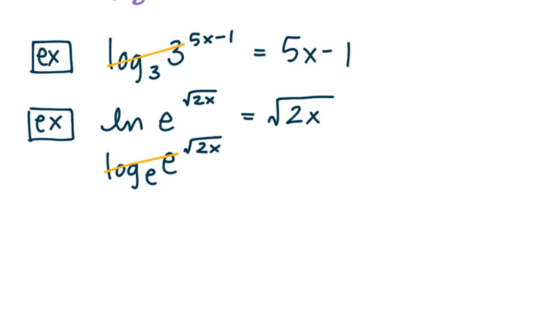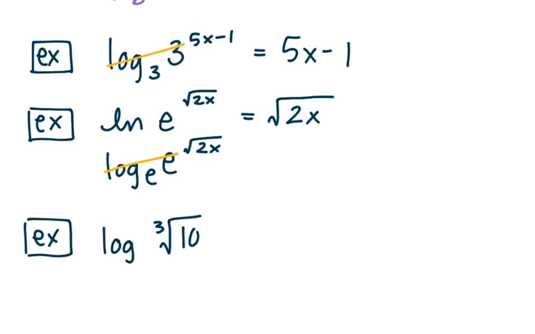And further, I'll just do one more of this type of example. We could have log of the cube root of 10. That's a cube root, but a cube root can be written as a rational power. So this is the same as log of 10 to the 1/3.